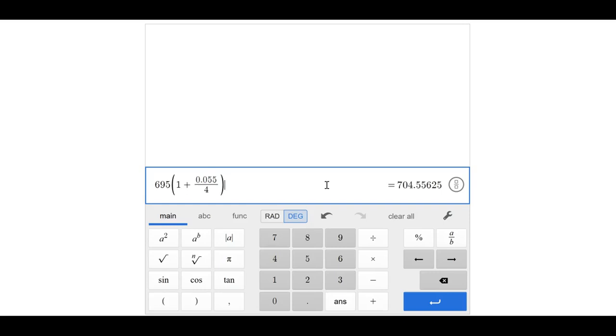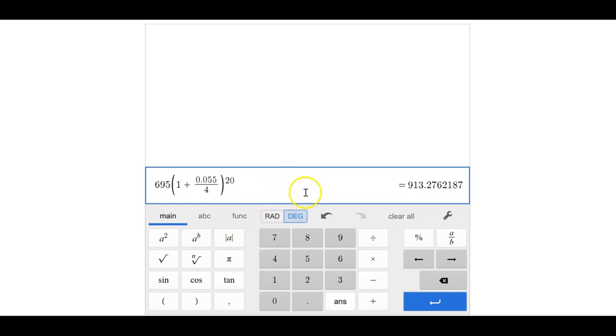Now we need to raise that entire expression, 1 plus 0.055 divided by 4, to our capital N variable. Well, that was 20. So to get an exponent, we're going to hit the a raised to the b key, and then we're going to type in our exponent.